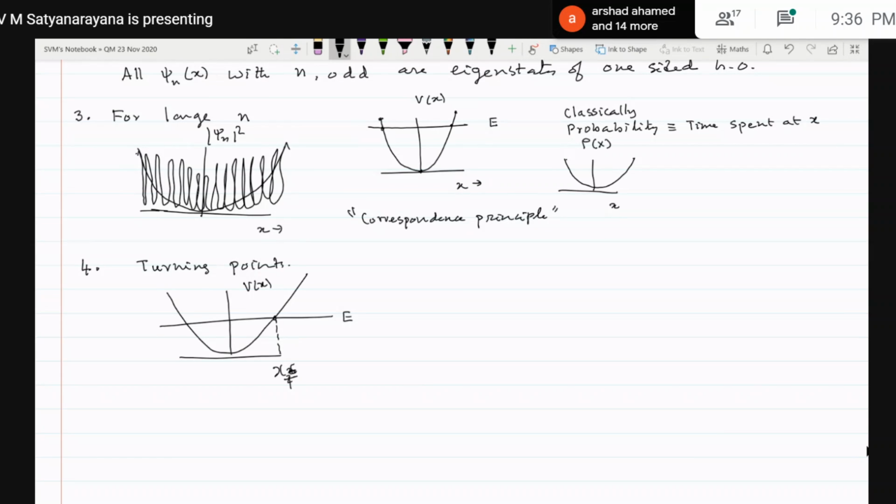Let me call this point xt, and this will be minus xt because our potential is symmetric. So xt and minus xt are called turning points.